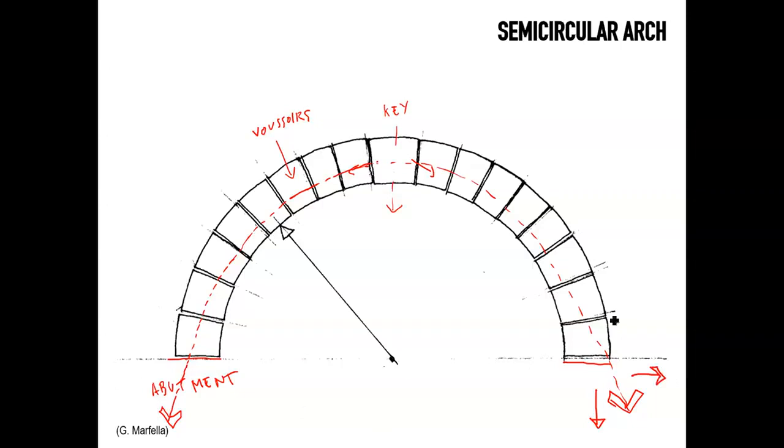And obviously, this configuration may change. If you were to understand an arch, you could imagine a chain that is being subject to simply gravity. If you were to reverse the shape of that chain, you would find a natural shape through which compressive forces would travel.